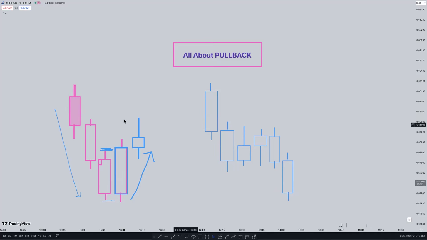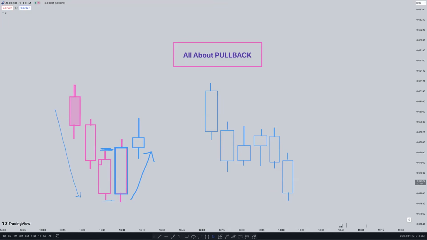So I want to ask you, this is a continuation candle here, and this is a pullback. It means the candle breaks the previous candle high or low. So in this case, is this a valid pullback? Is it confirmed or no? You need to answer. No, no, no. Okay. Not valid.